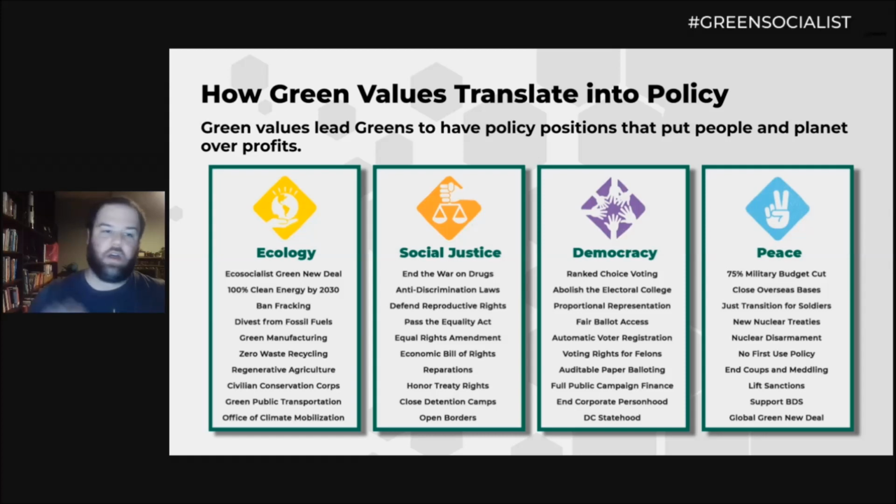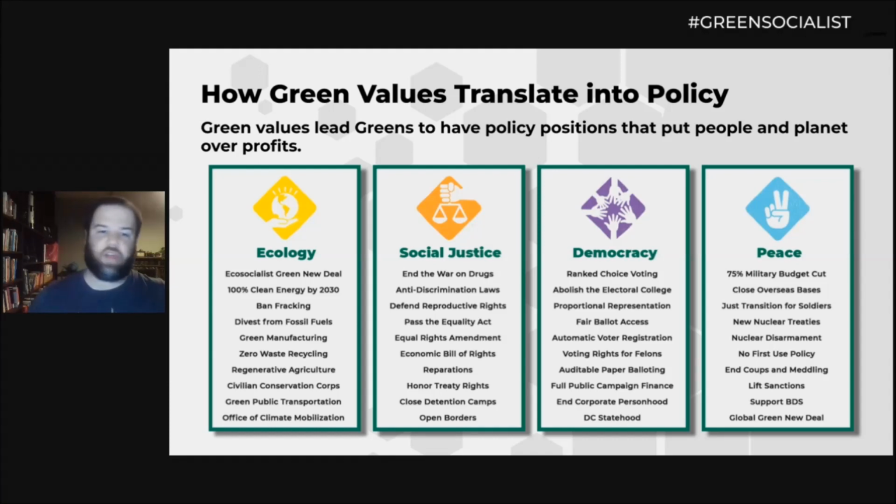Also under ecology, banning fracking, divesting from fossil fuels, green manufacturing, zero waste recycling, regenerative agriculture, reinstating the Civilian Conservation Corps, green public transportation. And during our campaign, Howie said that in 2020 he would set up an Office of Climate Mobilization to coordinate the pushback against climate change.